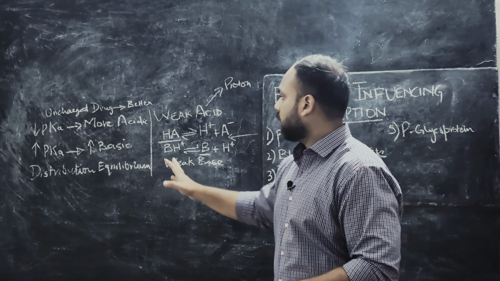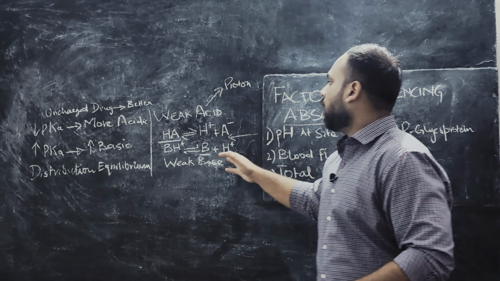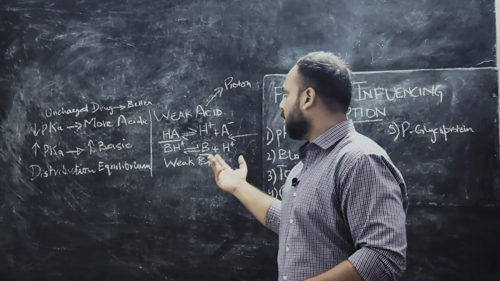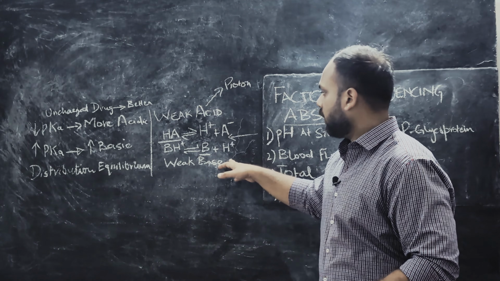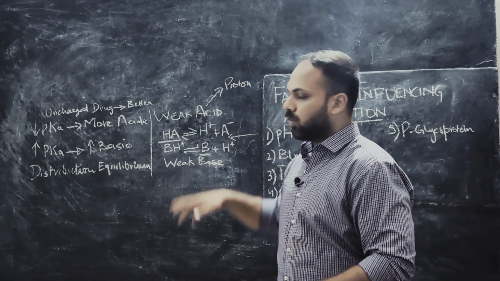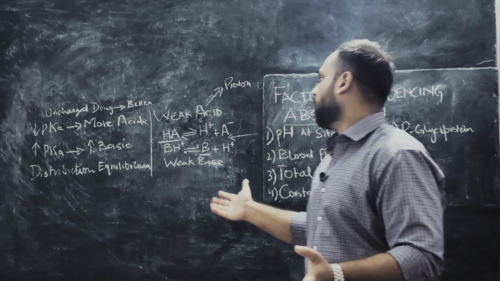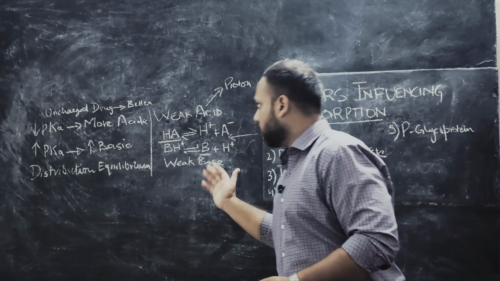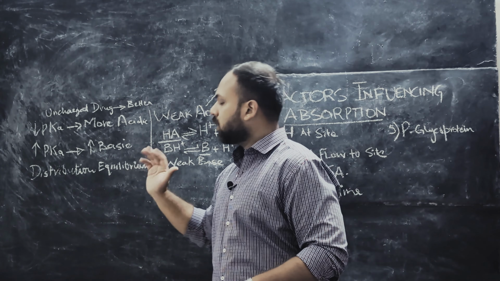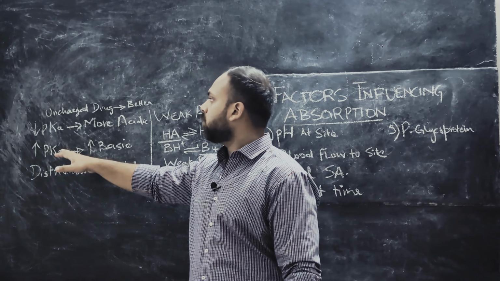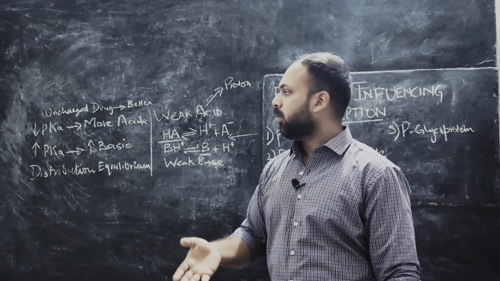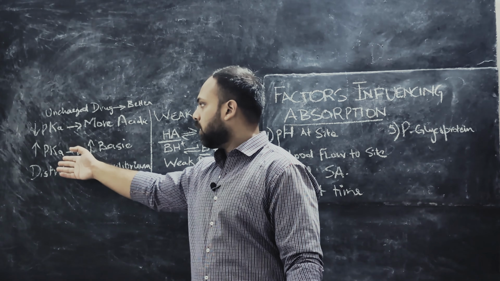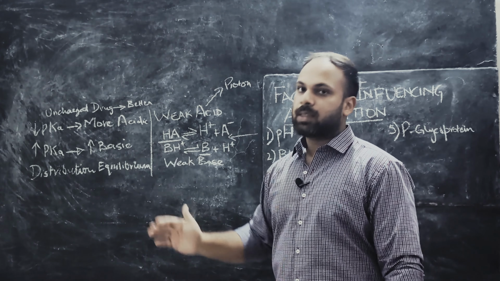As you know, a base, after bearing a charge and losing a proton, converts into a proper base, and weak base drugs are also there. Just remember one thing: the lower the pKa value, the more acidic the drug, and the higher the pKa value, the more basic the drug.